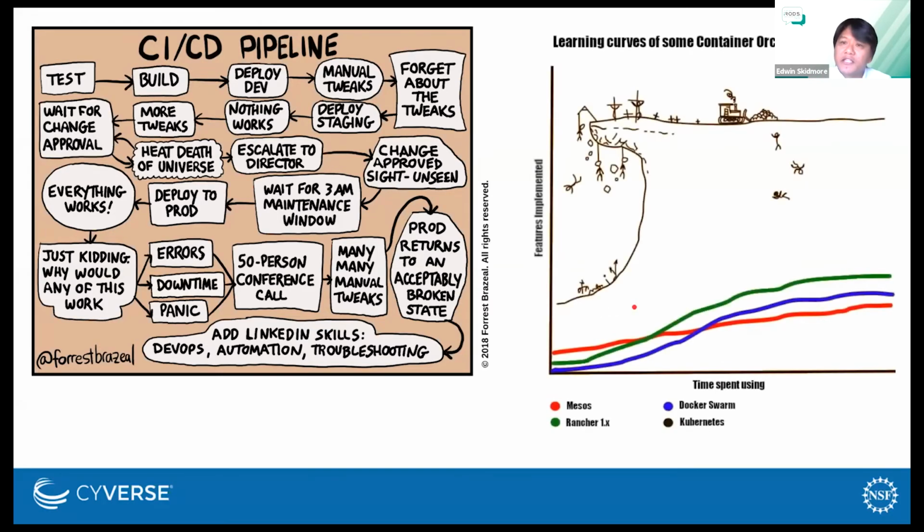Another piece of that technology is container orchestration. If you've heard of containers and the software that's used to orchestrate those containers, you've probably heard of Kubernetes. This graph represents the learning curve of Kubernetes, which is probably not too far from the truth, because learning it is not only steep, but can lead to a lot of pitfalls.